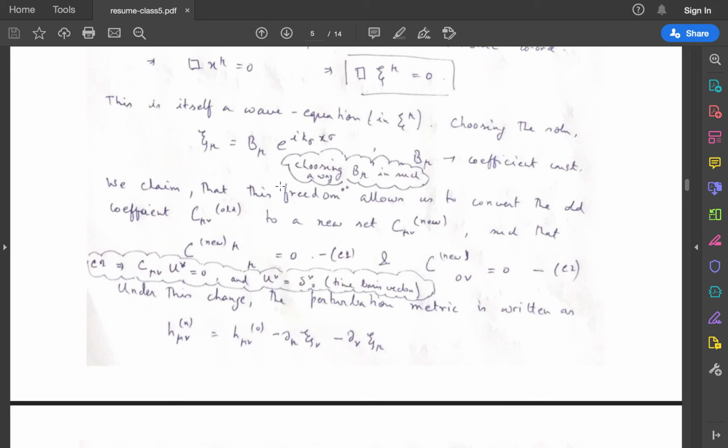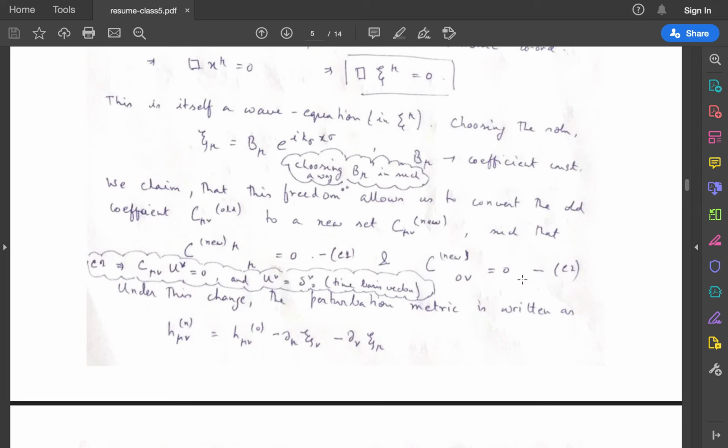If I choose b mu in such a way that c mu of the new form is equal to 0, let us call this equation C1, and also c0 nu in the new coordinate equal to 0.